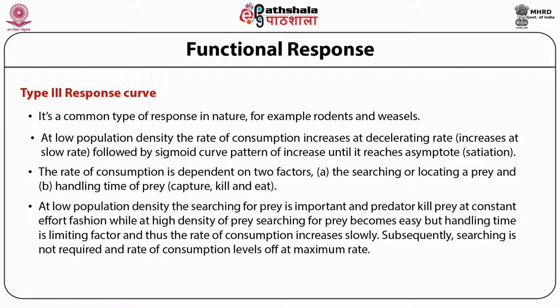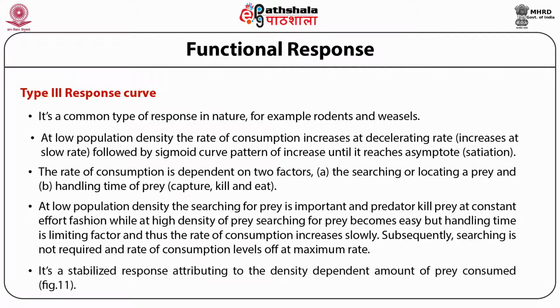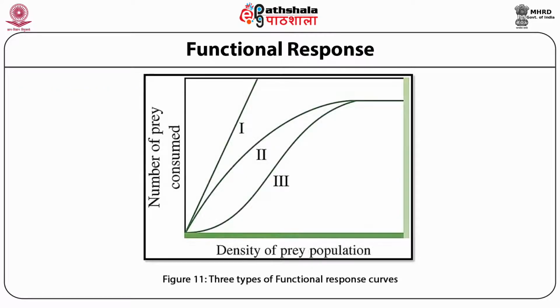Subsequently, searching is not required and the rate of consumption levels off at the maximum rate. It's a stabilizing response attributed to the density-dependent amount of prey consumed. We can see in figure number 11 the three types of functional response curves.